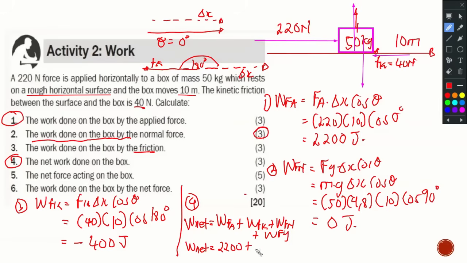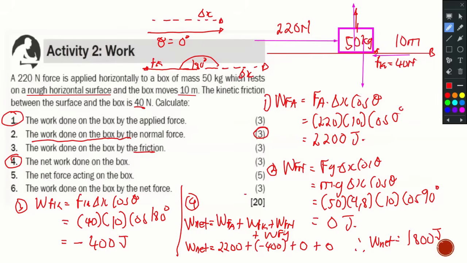Work done by Fk is negative 400. Work done by the normal force is 0 joules, and also work done by Fg is 0 joules. Therefore, our W net will be what? We're simply going to say 2,200 minus 400, which is going to give us 1,800 joules. So that's our net work done.